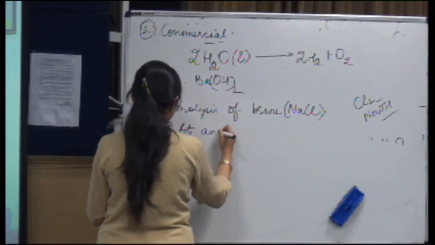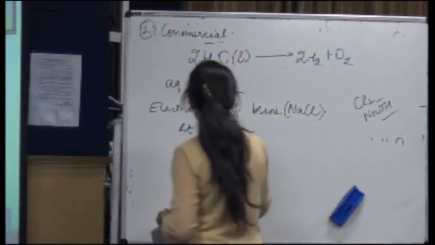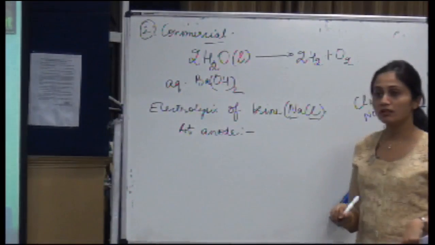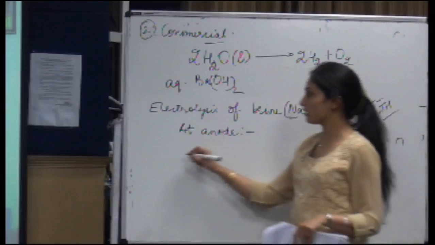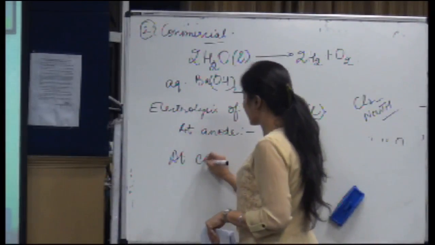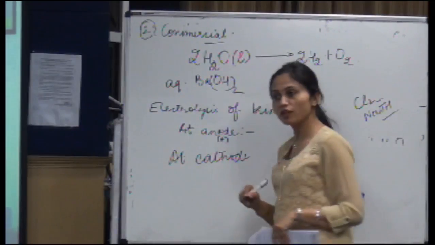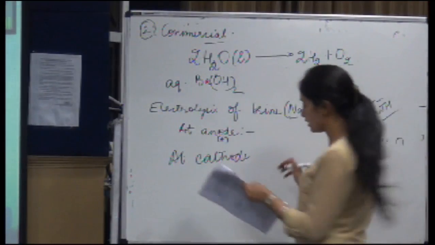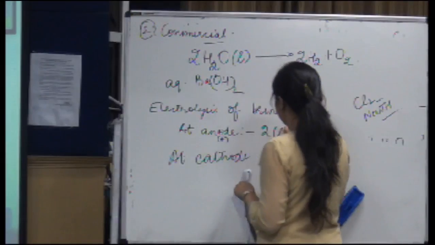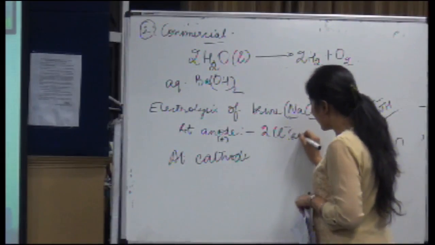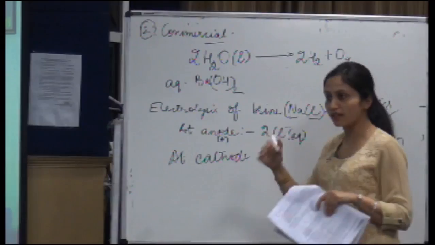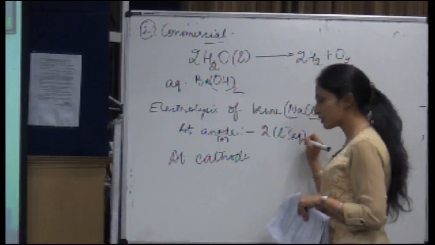At anode what will happen? Anode पे कौन सा ion जाएगा दोनों में से? First of all anode will be your positive. So you will have Cl minus coming to it. So here your 2Cl minus, remember हमेशा minus और plus cations and ions के साथ you find in brackets written aqueous.